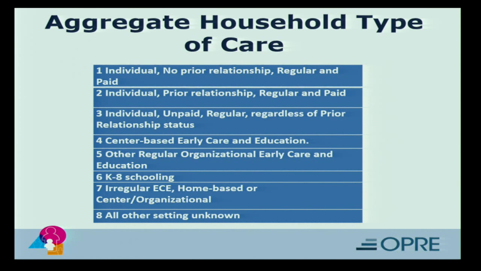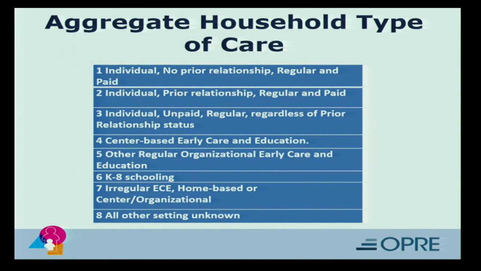So one big difference between the household types of care and the types of care on the provider side that we collected directly from providers is that there can be irregularly provided care on the household side because we collected all of their providers in the prior week. And so we have to differentiate between regular and irregular care.